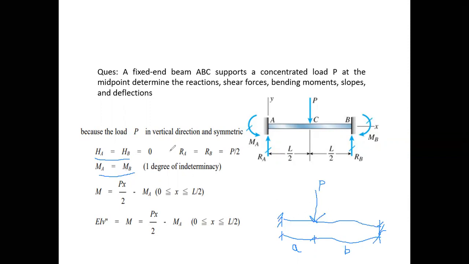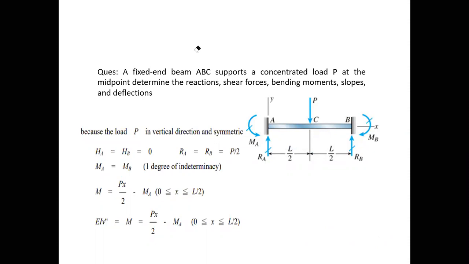So in those cases, we need to solve these equations more precisely in order to calculate all the unknown reactions, and we'll discuss the procedure in a very descriptive way in the upcoming lectures, where we will be dealing with the more specific methods of finding deflection.